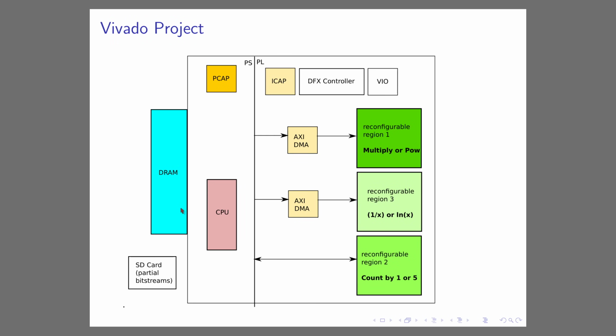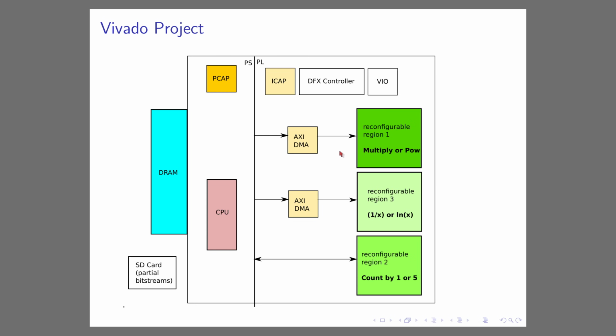Now here is a very simple block diagram representation of the Vivado project that we use as an example. In this Vivado project, we have basically 3 configurable regions. And in each of the configurable regions, we have basically a hardware accelerator.